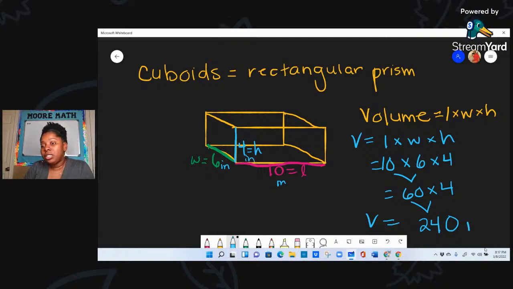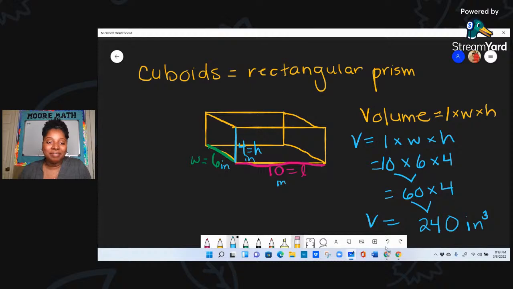It would be inches times inches times inches. We got 3 of them. Inches cubed. Because we had length times width times height, 3. So we say inches cubed. And it's a cuboid because it's inches cubed.